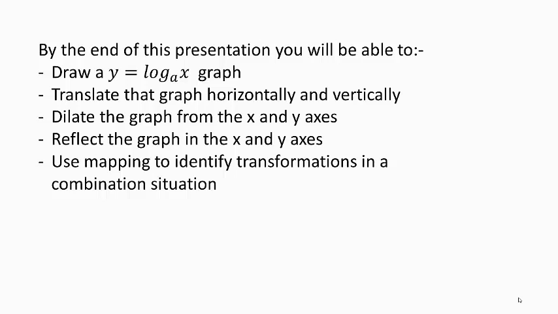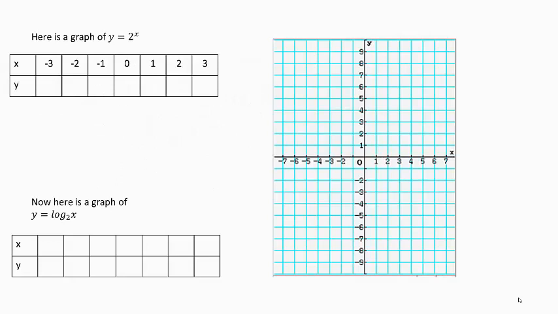So let's get started. Here's a graph of y equals 2 to the power of x. So I'll look here, x equals minus 3. That's 2 to the minus 3, which is 1 over 2 cubed, which is 1 over 8.